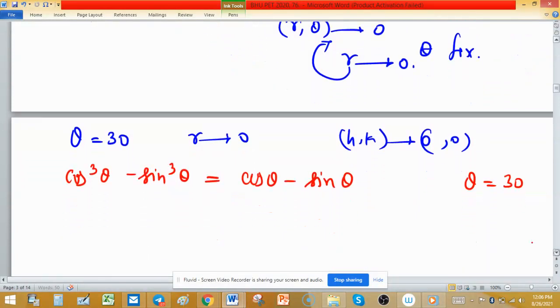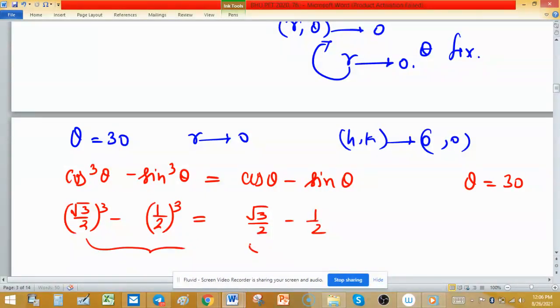Now put this value. This value will become (root 3 by 2) cube minus sin 30 is half, so half cube, equal to cos 30, which is root 3 by 2, minus sin 30 which is half.